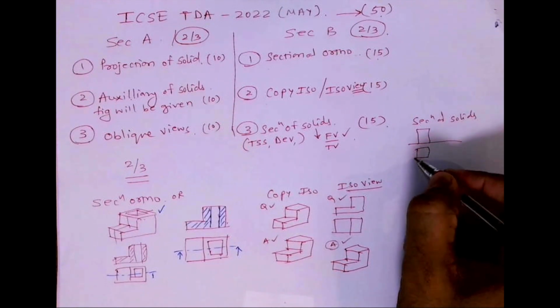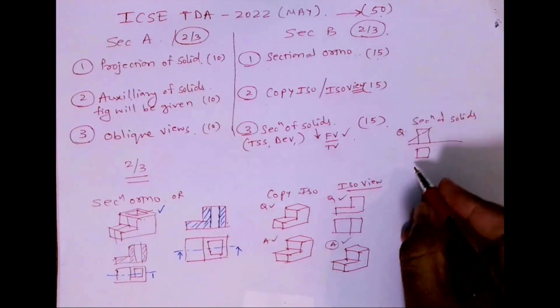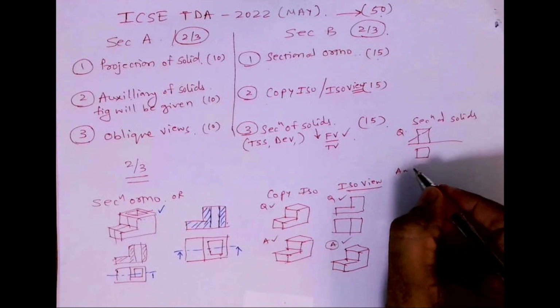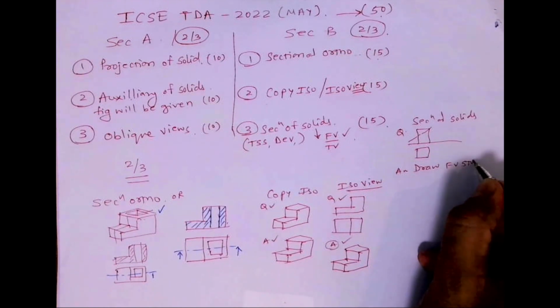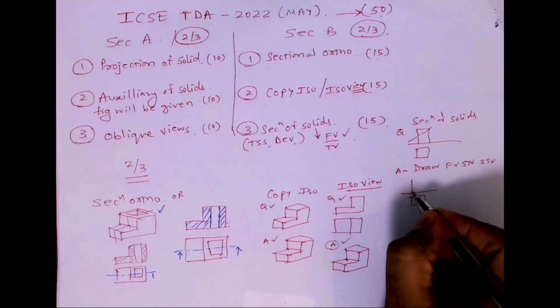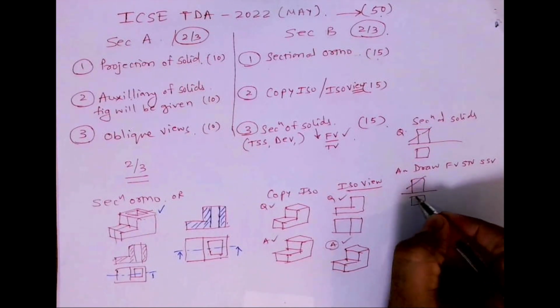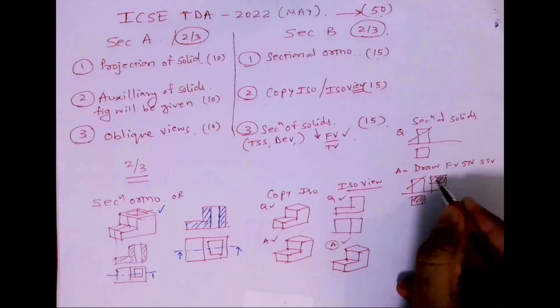So you need to copy the 2 views as they are with the cut plane. They'll say draw front view, top view, side view, or draw front view, sectional top view, sectional side view. How will you draw? You will draw those 2 views again with hatching, and you will draw the side view with the hatched portion.